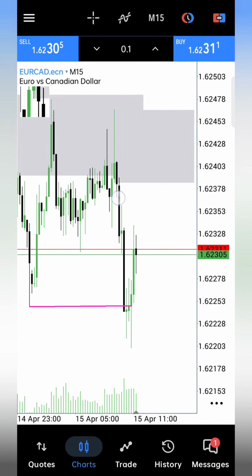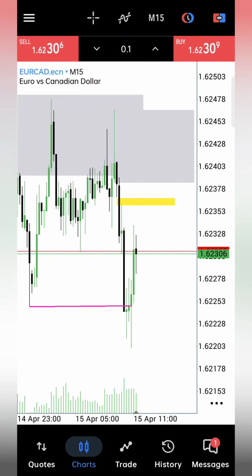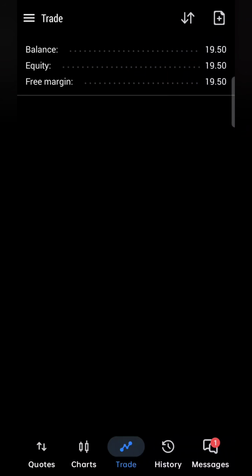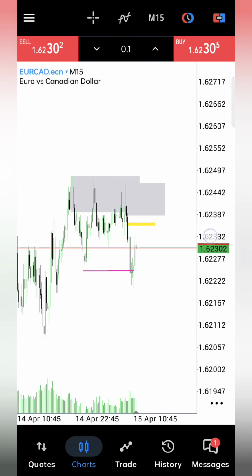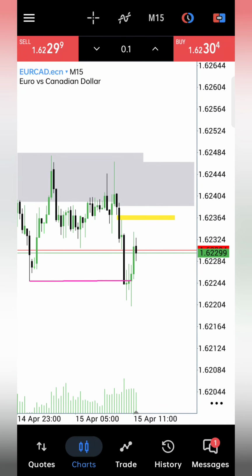This tiny area is the imbalance zone. I've marked it in yellow to help you understand it clearly. An imbalance area in Forex is a price zone where the market moves too fast in one direction, leaving unfilled buy and sell orders. Price often returns to this zone later to rebalance before continuing its move.